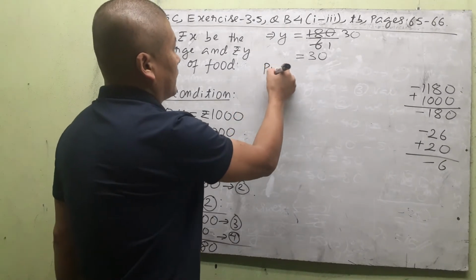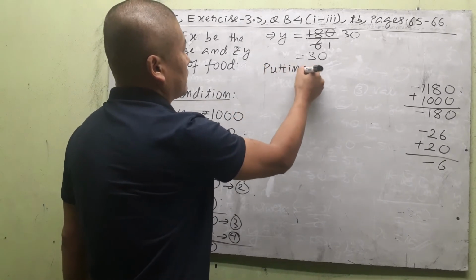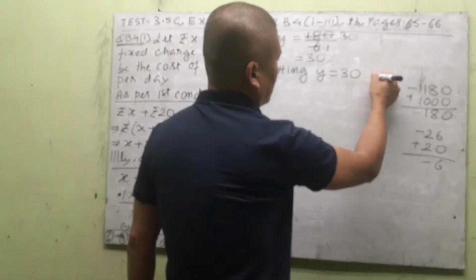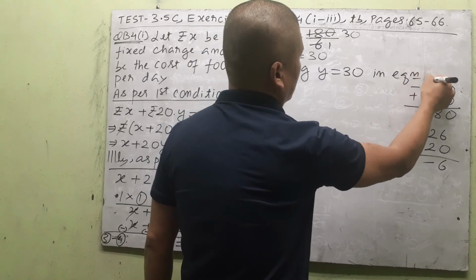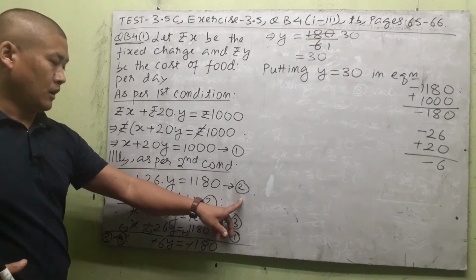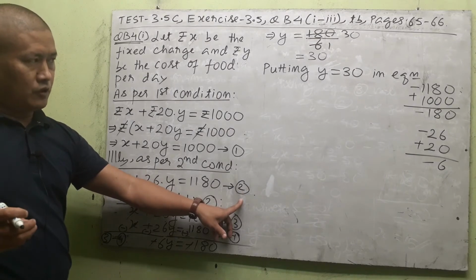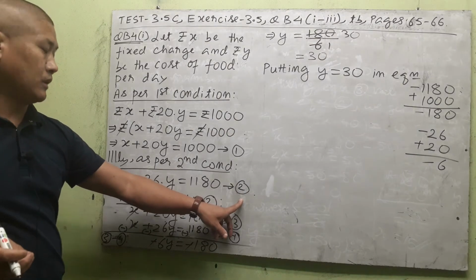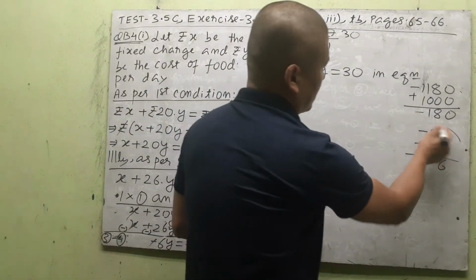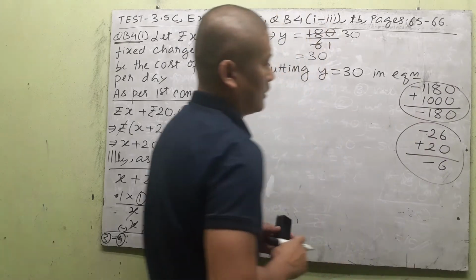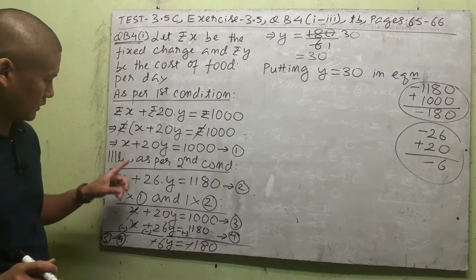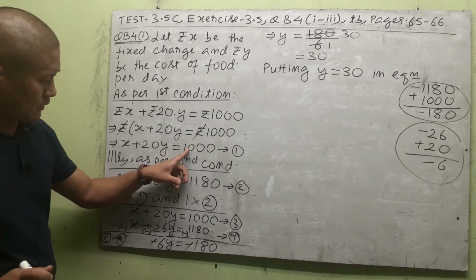Now to find x, we can write here, putting y that we got just now, equal to 30, in equation number 1 or 2, you can put either. You'll get the same value of x, correct? But it's always easier to put in a simpler one because you want to solve and write these things on your graph. Looking at 1 and 2, which is simpler? 1x, 20, 26, this is bigger. 1000, 1180.